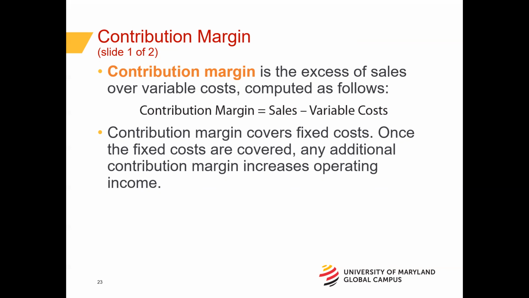Any additional contribution margin contributes to what we call operating income or gross profit. Oh my goodness, there's that beautiful word, profit. Okay, so the idea behind contribution margin is it helps us to cover our fixed costs. Another way to think about it, the contribution margin is sales minus variable costs equals fixed costs.